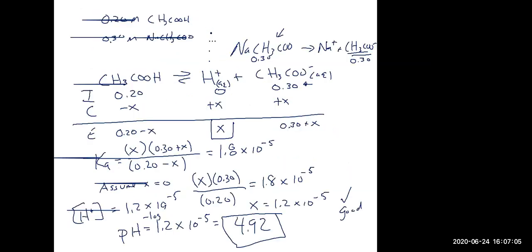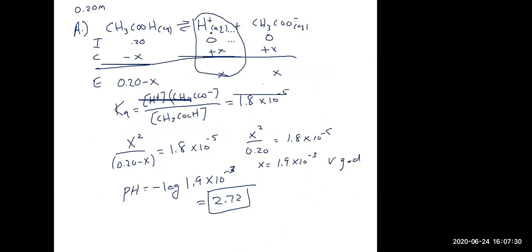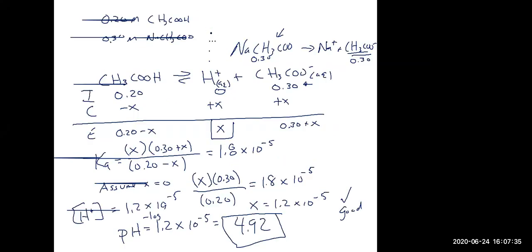When we took the exact same weak acid, same concentration as the previous one, and we added to it some sodium acetate that had a common ion present, we see that the pH goes up to 4.92, higher pH. And that is because if you compare the H plus concentrations in both of them, the H plus concentration in the first one was 1.9 times 10 to the minus 3. In the second one, it was 1.2 times 10 to the minus 5.